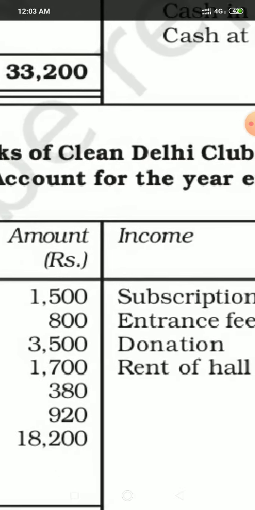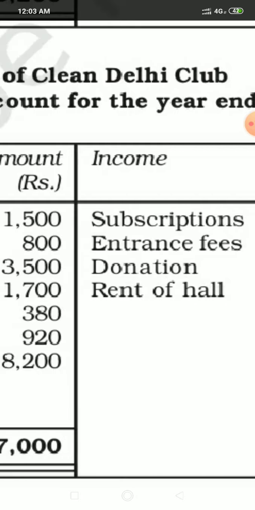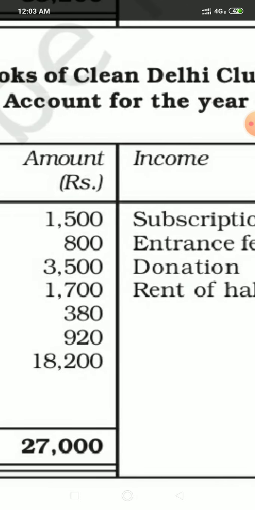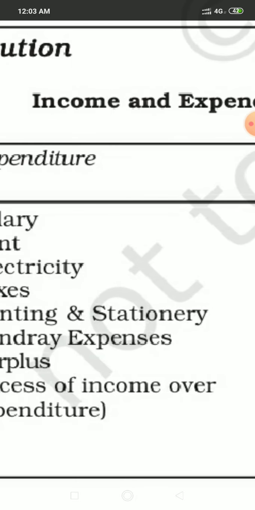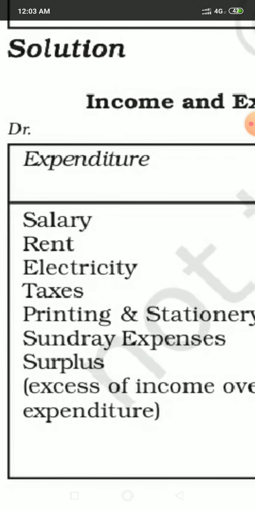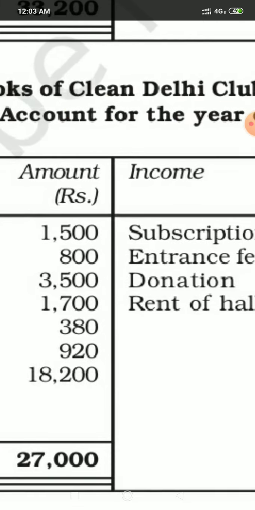Then we total the first credit side. The credit side total will come to 27,000. That we write on the debit side, and then take the difference between income and expenditure. That difference will be entered on the debit side as a surplus, and the amount is 18,200.